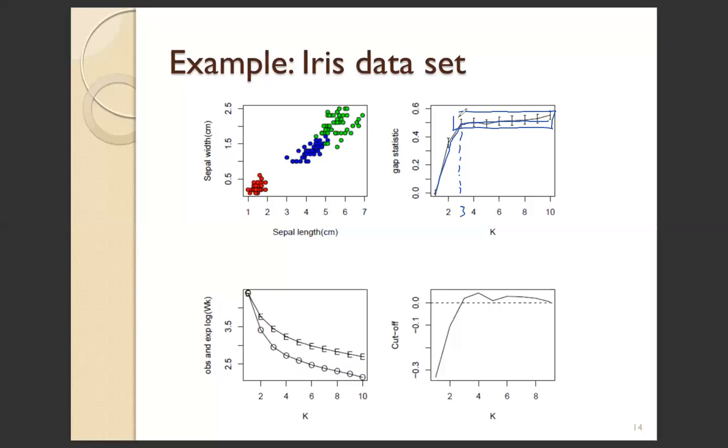So it suggests that K equals 3 is the best. No reason to use 4, 5, 6, and so on, because 3 is already more or less the same as them. So in this case, yes, you recover K equals 3, which is good, because this is what you expect.